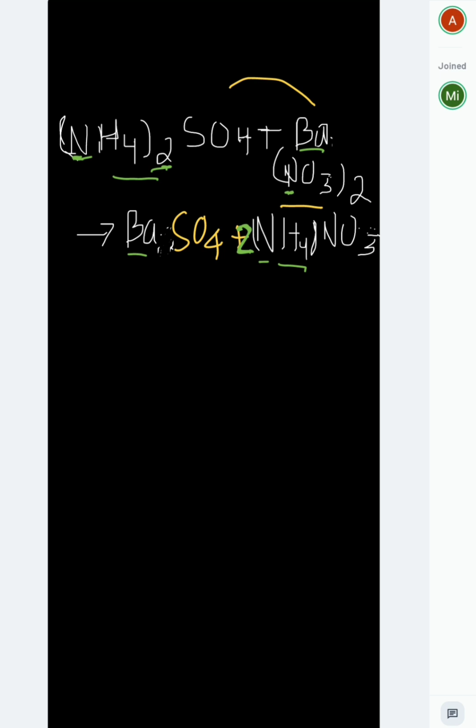Then next is you write the total ionic equation. So this is the molecular equation.